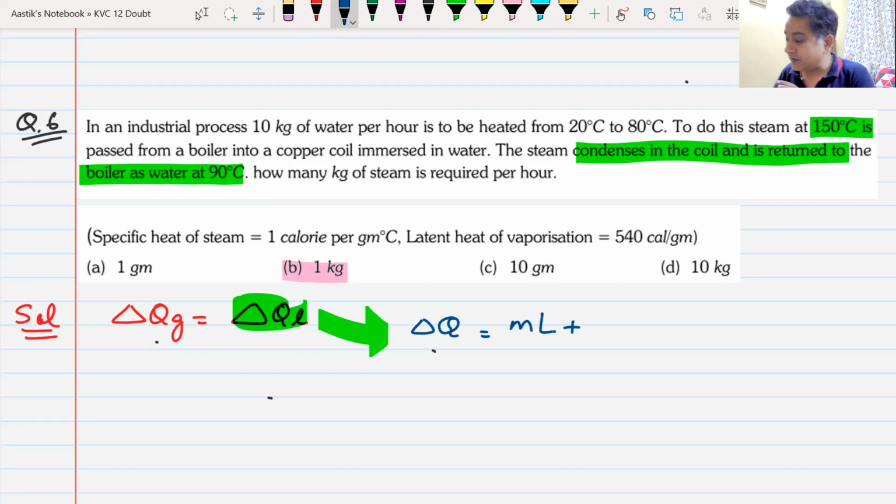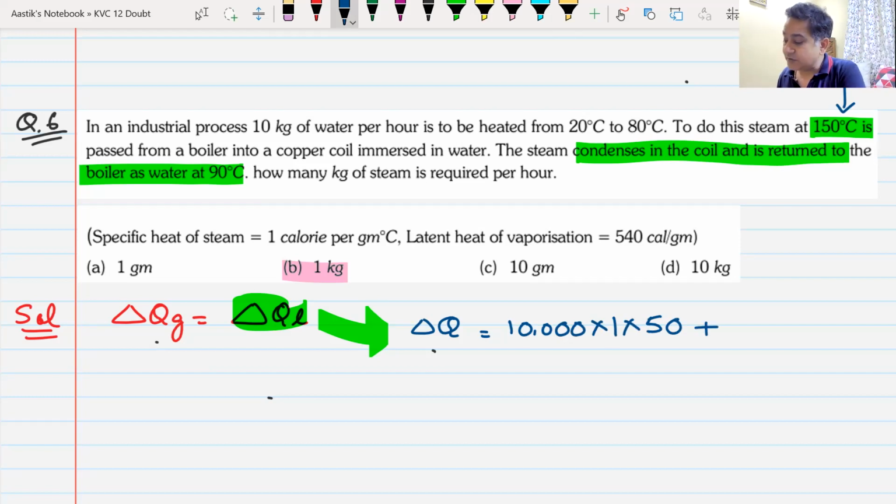First, this steam at 150 degrees Celsius is going to come to 100 degrees Celsius. So in that case, how much heat is lost? 10,000 grams multiplied by 1 multiplied by 50. That is the first stage: steam getting from 150 degrees Celsius to 100 degrees Celsius.